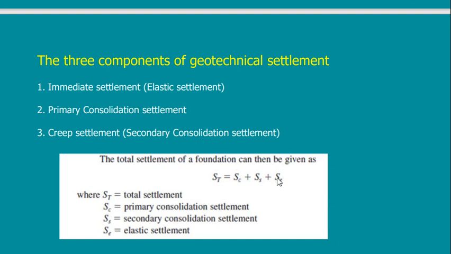So in some cases, there is something called a secondary consolidation settlement, and this secondary consolidation is sometimes called creep settlement. It happens at a later stage, but the amount of it is very, very small compared to the immediate settlement and compared to the consolidation settlement.